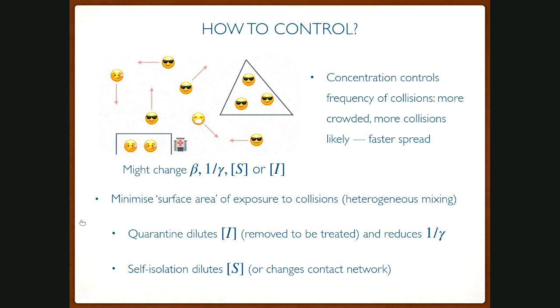So remove ourselves from the homogeneous media to some sort of heterogeneous situation. And some ways we might do that is we might tell a bunch of susceptible people, as is being done during this pandemic, to self-isolate, to remove them from the general beaker. So there's a heterogeneous component there. And that could dilute the S.